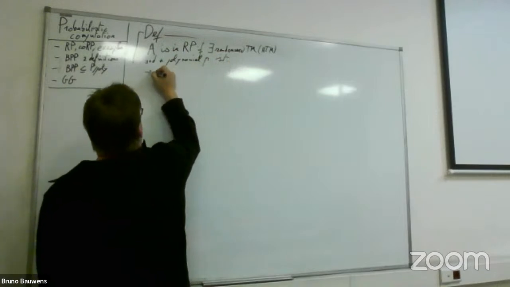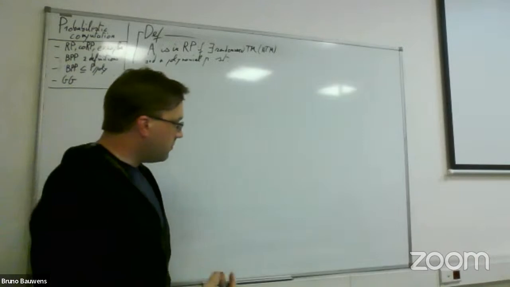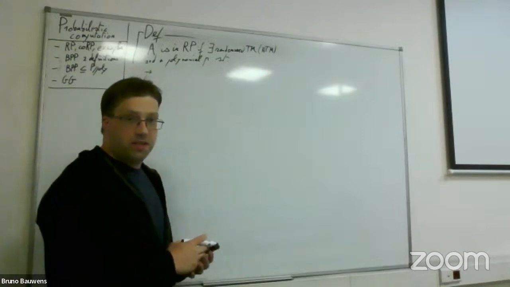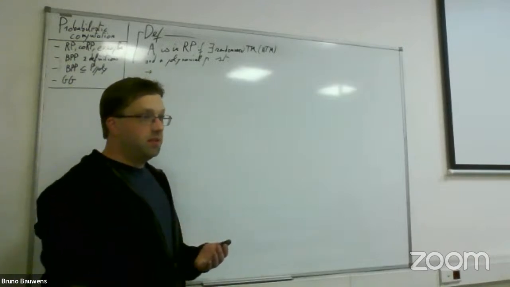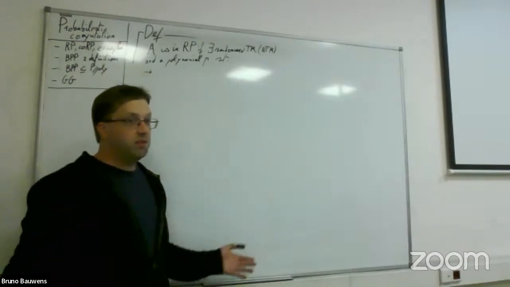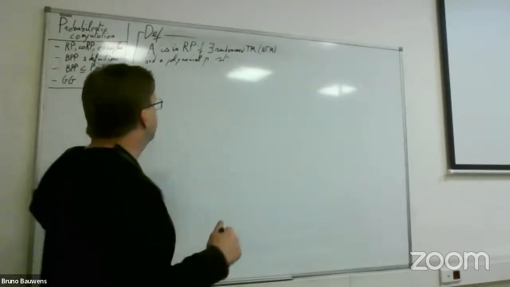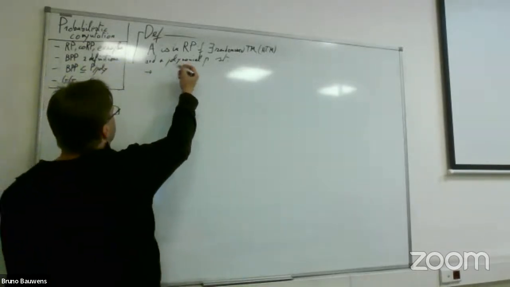So there are two conditions. First, for all elements, if the element is in the language, then with high probability, the machine should accept this element. Where again, in the computation tree, at each splitting, a child is chosen randomly.